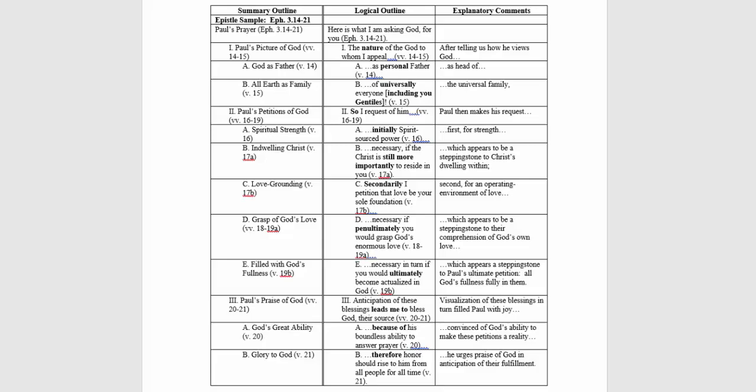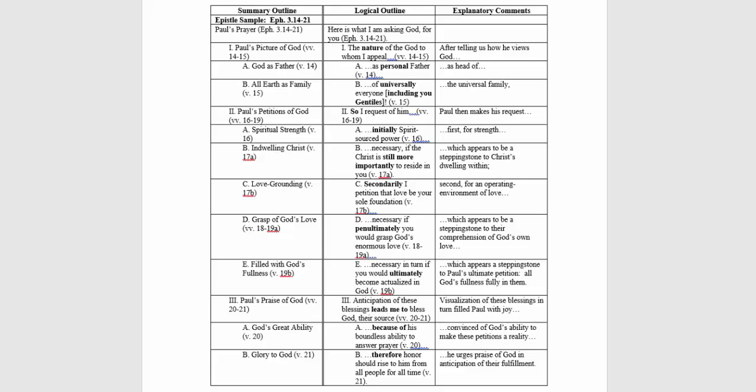As I look at the Roman numeral headings here, I find I would have to adjust them a little bit for them to really flow alone. Let me see if I can do that for you and you get the idea. I would adjust numeral 1 instead of finishing it with ellipses. I would say, here is the nature of the God to whom I appeal. Numeral 2, I would say, so, that is, in view of his nature, this is what I request of him.